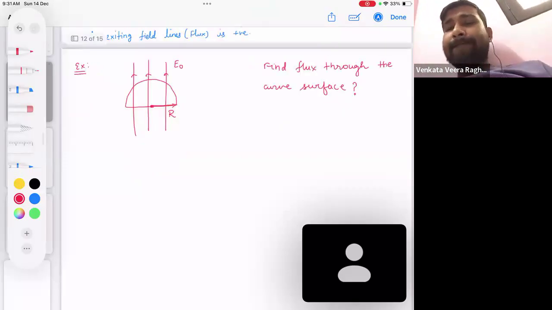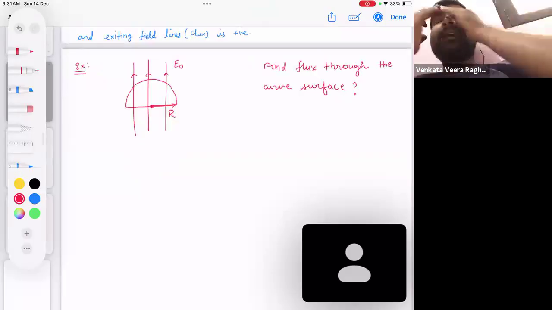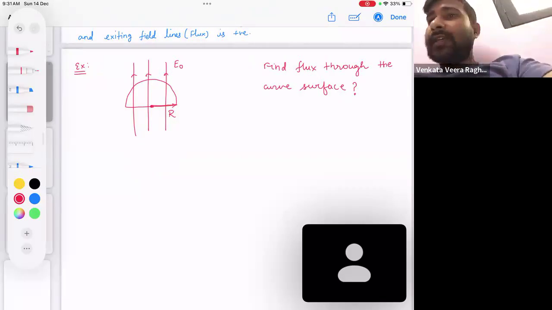Please tell me what we can write. A uniform electric field is there in the region, and in that uniform electric field, a hemisphere is kept. Now they are asking in the question, what is the flux through the curved surface, not through the flat surface? Can you answer it?